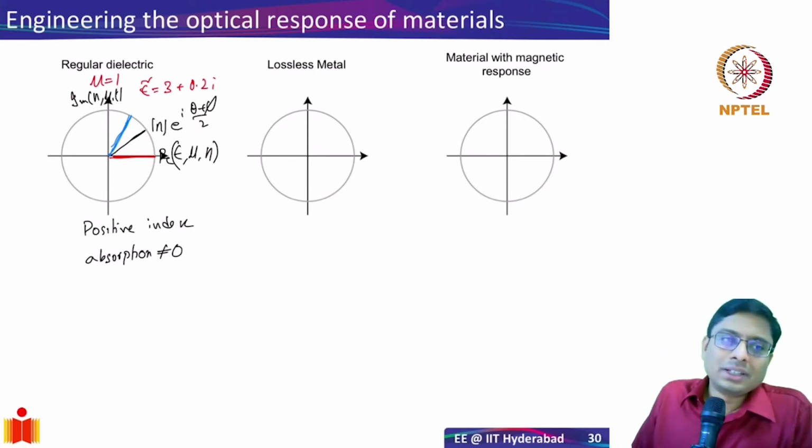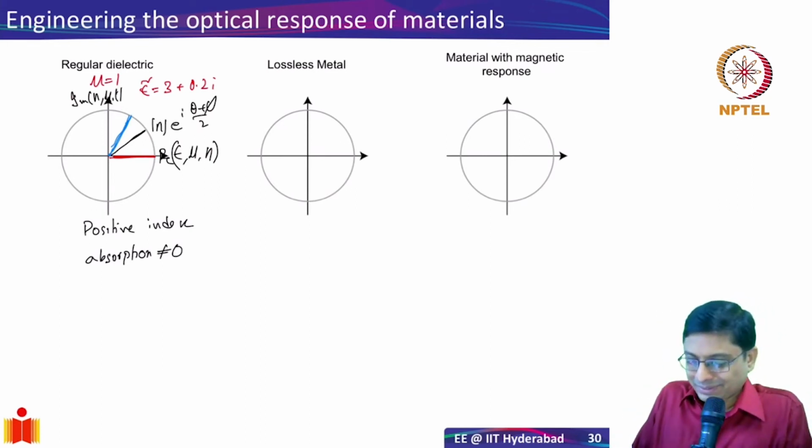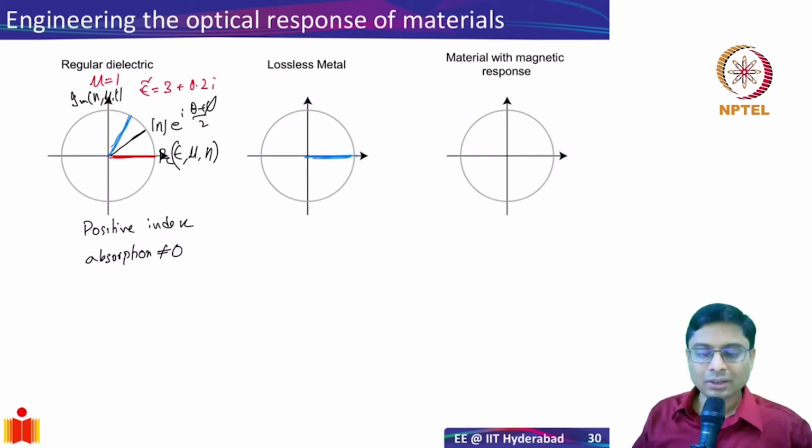Now, let's think of a lossless metal. Let's think of the same, no magnetic response, mu equal to 1. But now a lossless metal, by which I mean that, I should put it in red, since I have used this color for mu. So this is my mu, and my epsilon I want it to be lossless.